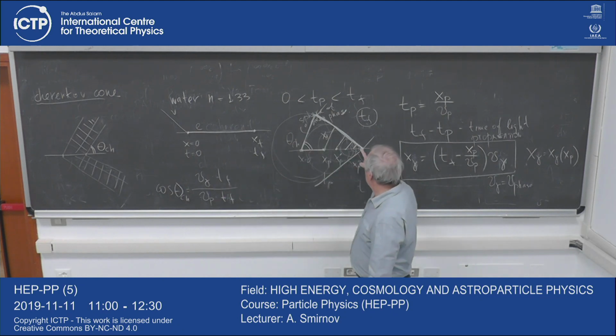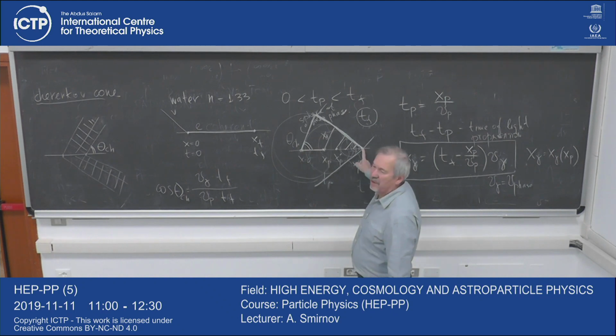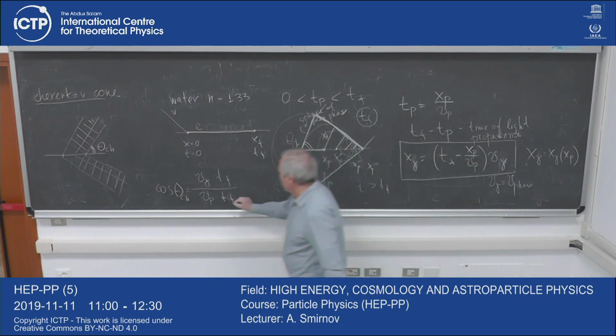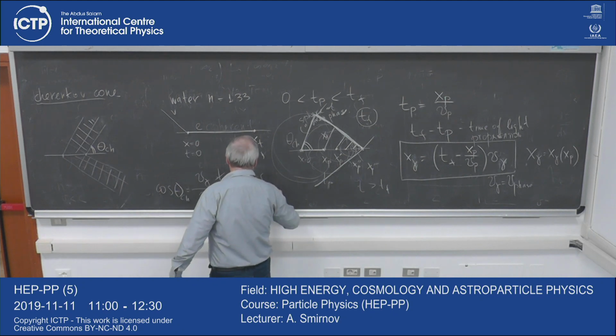The length of this corresponds to the particle propagating, and then it starts to emit at the final moment. So the length of this is the velocity of the particle multiplied by TF. So then this cancels, and I will have V gamma over V particle.